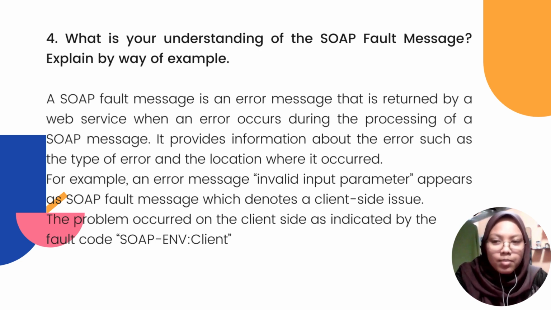In this case, my web service would generate a SOAP fault message to notify the customer of the error. For example, an error message, invalid input parameter, appears as a SOAP fault message, which denotes a client-side issue. The problem occurred on the client side as indicated by the fault code SOAP-ENV:Client.